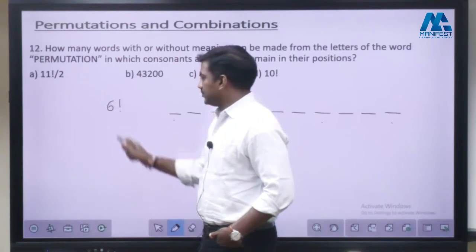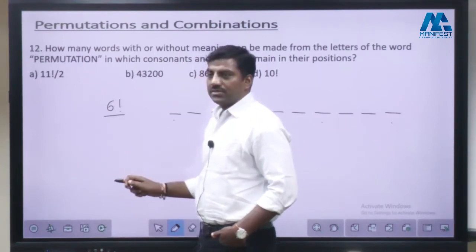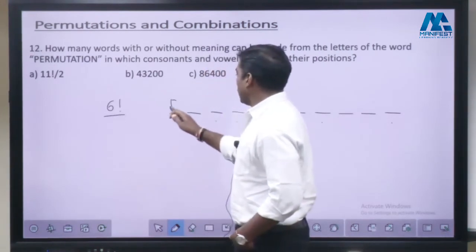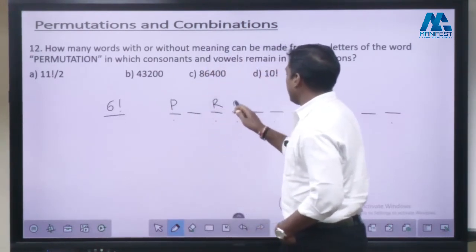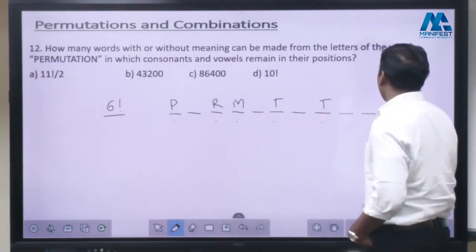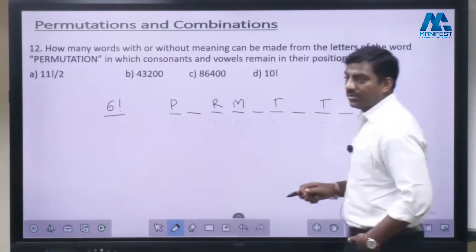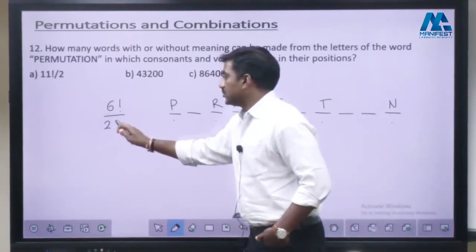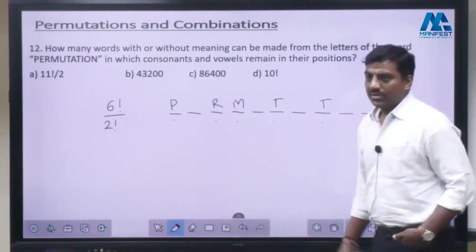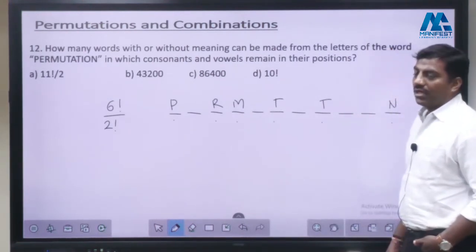Repetition. How many repetitions? 1 repetition, of what? T. Then think of vowels.